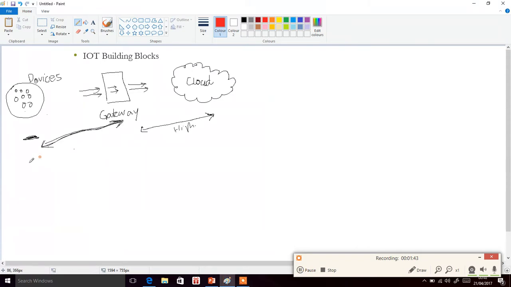Now this whole system as a whole is also called the IoT ecosystem. That is this complete system, that is the devices, the gateway, and the cloud together. Cloud is actually any web server with storage and calculation power, and just like a normal cloud, Microsoft Azure, SAP, or Amazon Cloud can be used at this place.